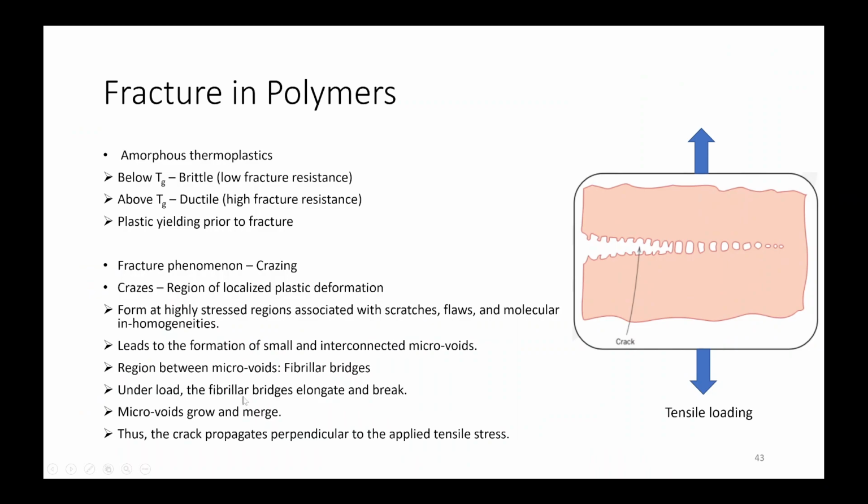Under load, the fibrillar bridges elongate and break, and microvoids grow and merge. Here they will keep on merging, leading to this crack formation. Thus the crack propagates perpendicular to the applied tensile stress. So if we are applying this tensile stress in this direction, your crack is going perpendicular in this direction.